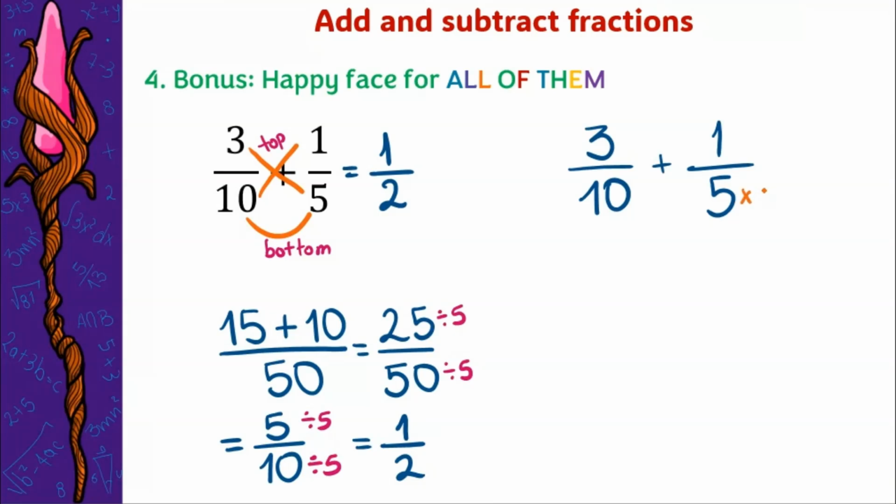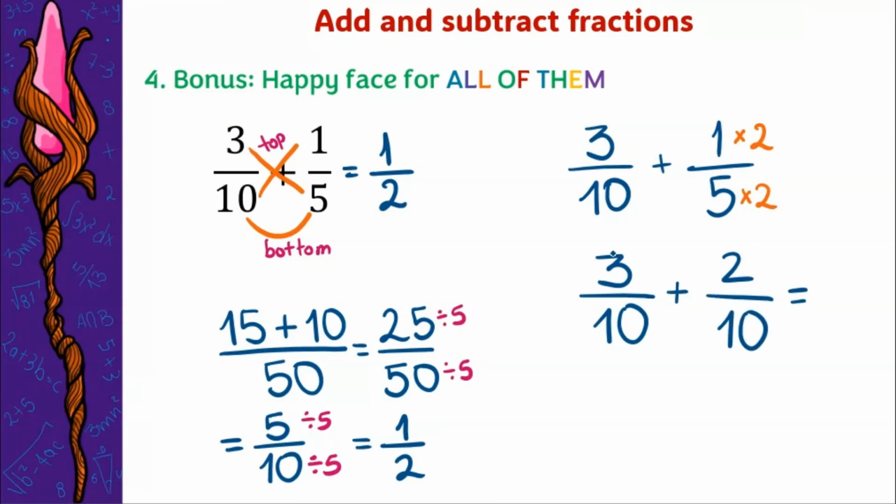So I'm just going to multiply by 2 this fraction to find an equivalent one with a denominator of 10. Plus 1 times 2 is 2, 5 times 2 is 10. So notice here that they already have the same denominator, 3 plus 2 is 5, and then we can simplify dividing by 5. So this is equals to 1 over 2.